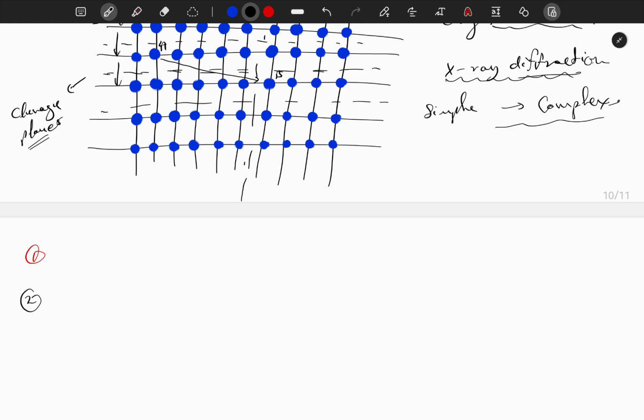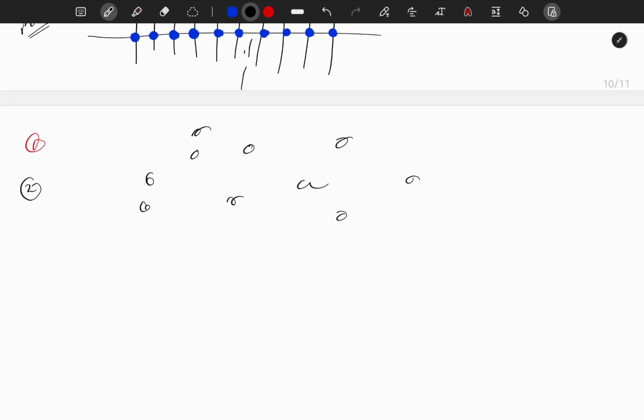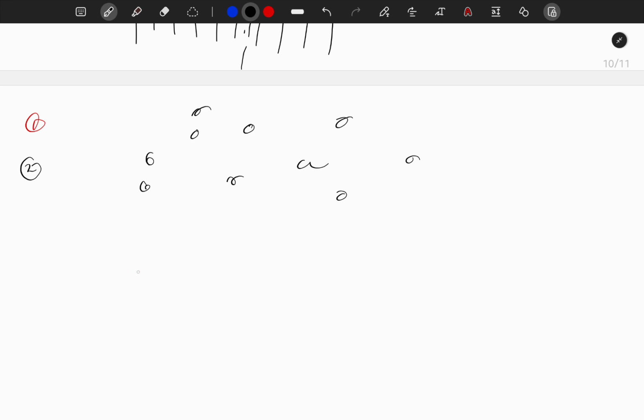For example, imagine a crystal being deposited out of solution. In solution, that is in liquid form, the atoms are floating around and finally they settle down. So these are the atoms in a solution, and the solution is starting to crystallize.